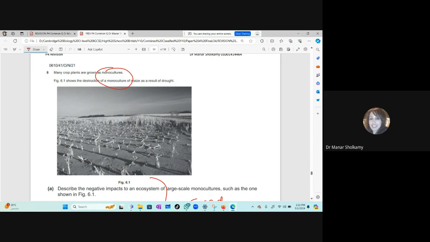But what is the main advantage of growing one type of crop? Higher yield of crops. Yes. You are very specialized in growing one type of crop. You will become very good and experienced at this type of crop. It is cheaper, of course, and you will grow lots of this type of crop. It's very easy for mechanical harvesting. It's easier to maintain, of course, to grow one thing than to grow several things.